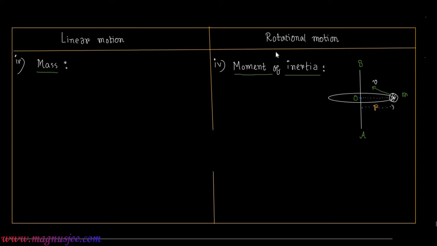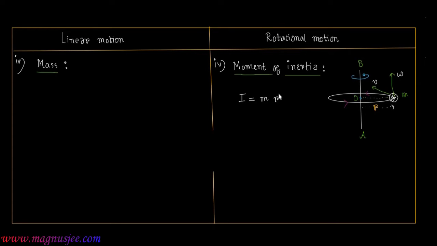The body is revolving around the axis AB with tangential velocity v and angular velocity omega. The body revolves anti-clockwise with the angular velocity omega. In this case, moment of inertia I is equal to mr square.